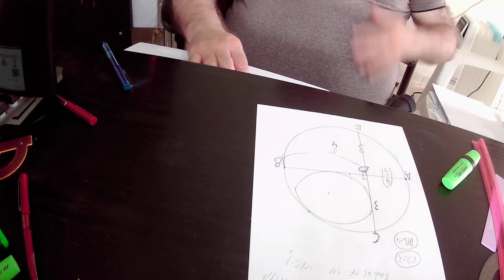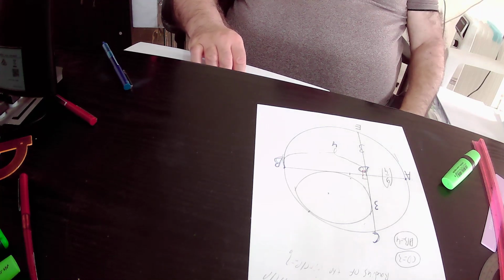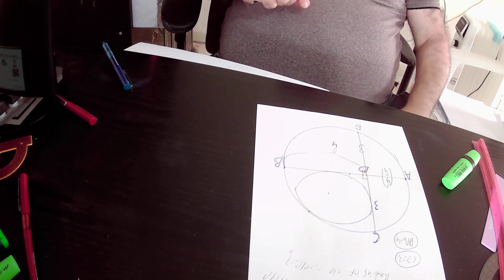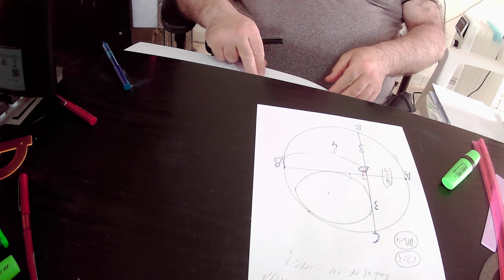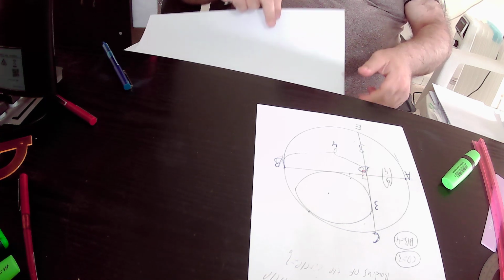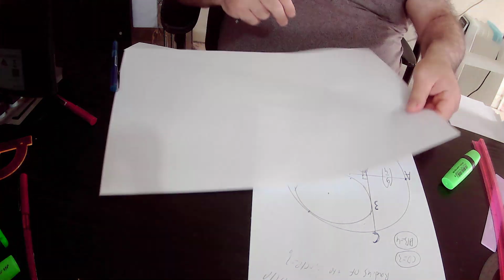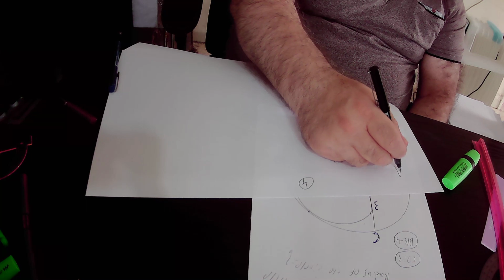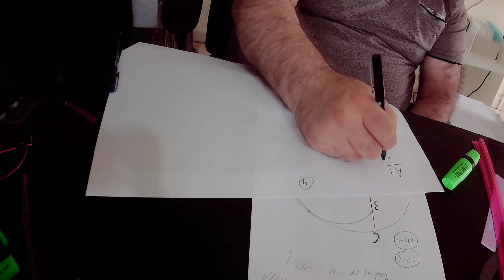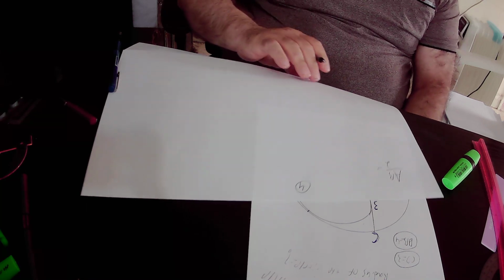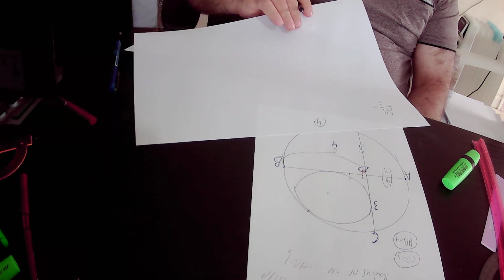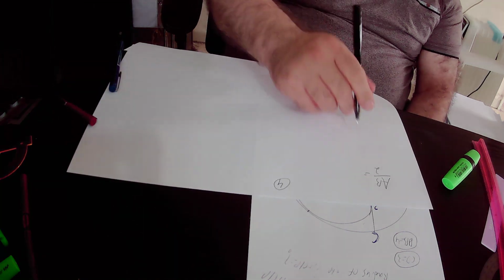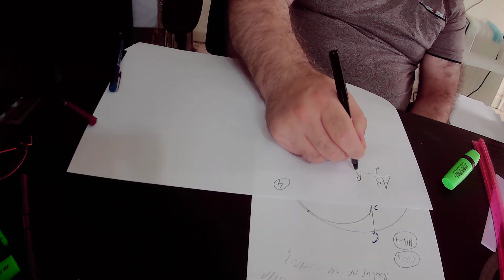The diameter is twice as long as the radius. So if we divide the diameter AB by 2, AB over 2 must be equal to the radius of the big circle and also the radius of the semicircles. We define the radius of the big circle as capital R.